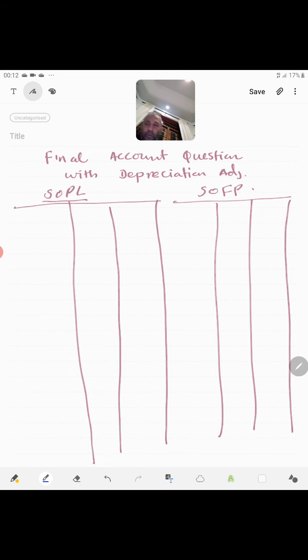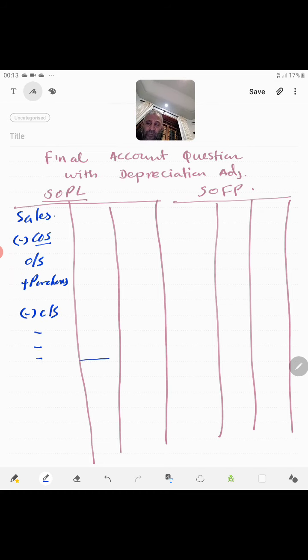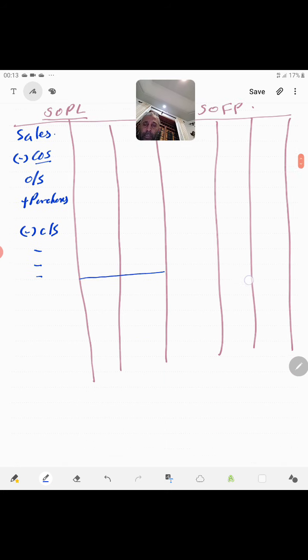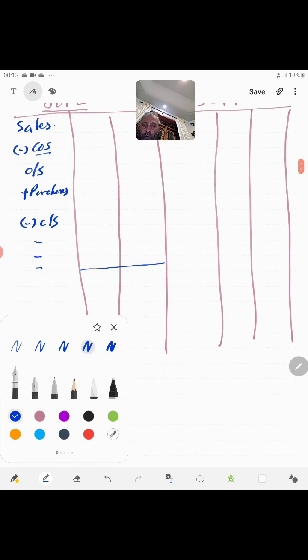Let's put down the format. Sales, minus cost of sales: opening stock plus purchases, then minus closing stock. I will deliberately leave 2 or 3 lines if we have to fit any additional information into that space.